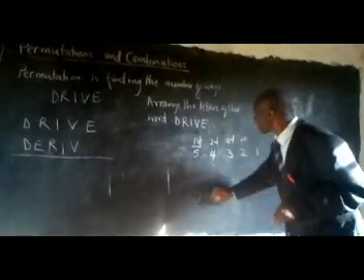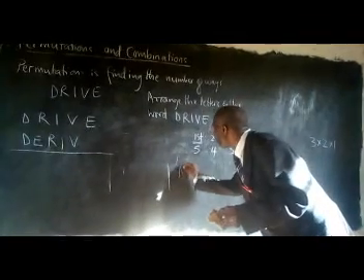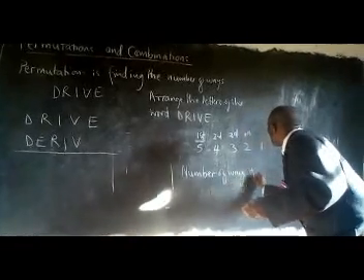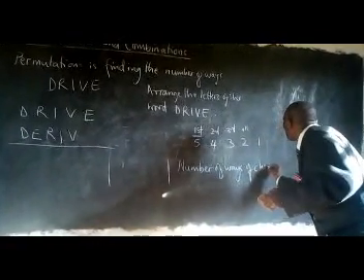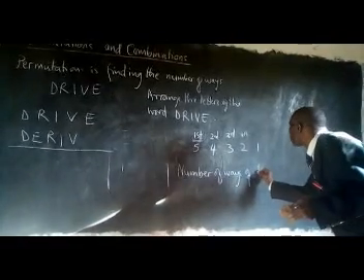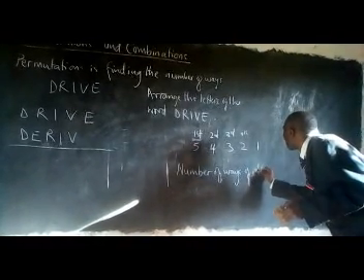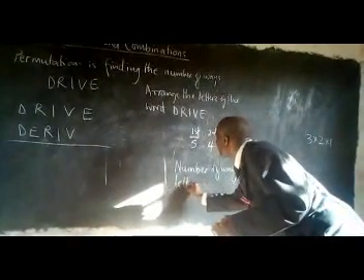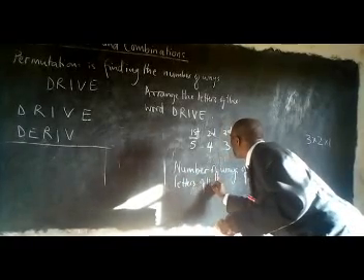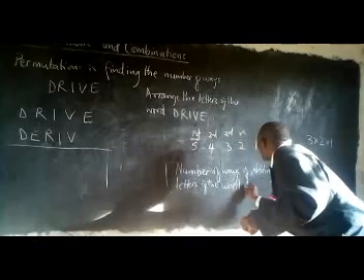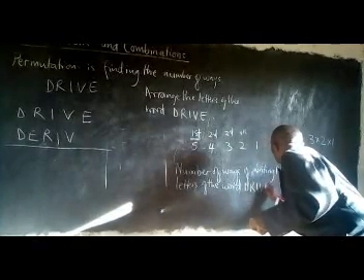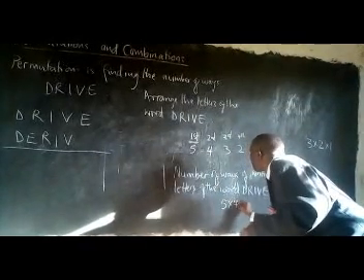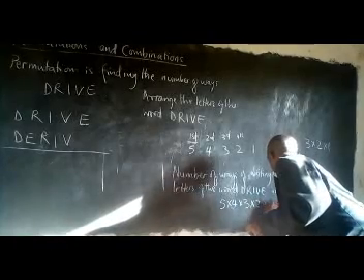And what it means is that the number of ways of writing the letters of the word drive are 5 times 4 times 3 times 2 times 1.